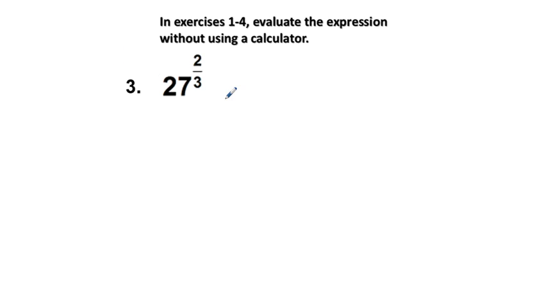Problem number 3, we have 27 to the 2/3 power. We have, in this case, instead of a radical root, we have a rational exponent. And this third right here, this would be a cube root.